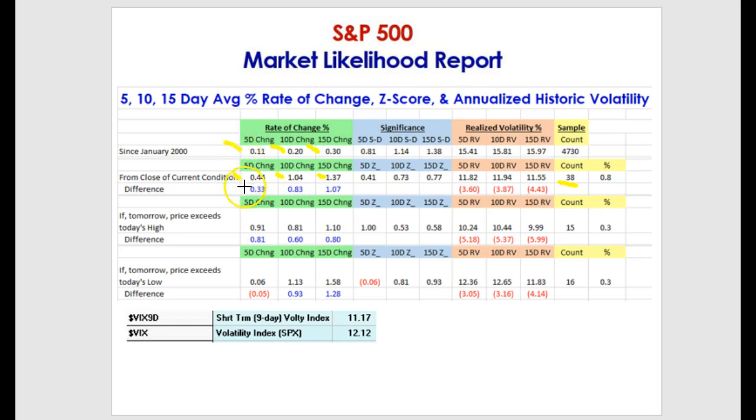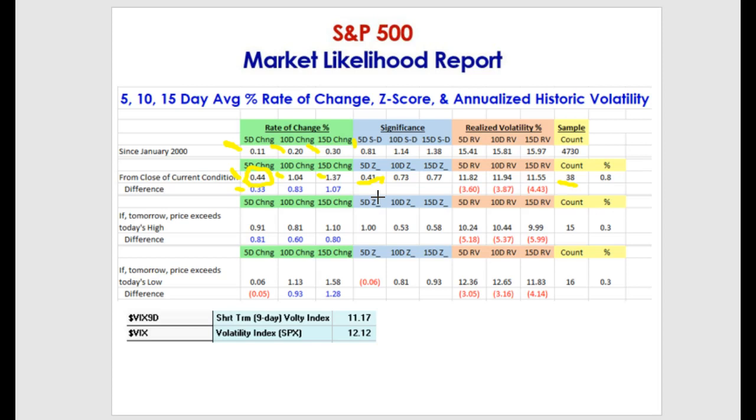So how much is that difference? I mean, if we got 0.11 to the upside as the benchmark and 0.44 from our sampling here, that's a difference of 0.33. When we divide 0.33 by the standard deviation, we get what's called a z-score of 0.41. So that's telling us the significance of this difference here. And 0.41 means that it's about 40% of one standard deviation to the upside.